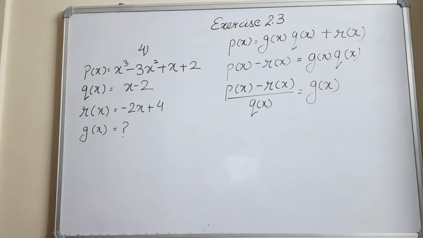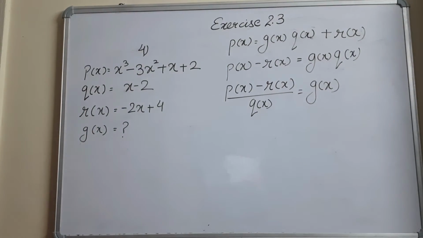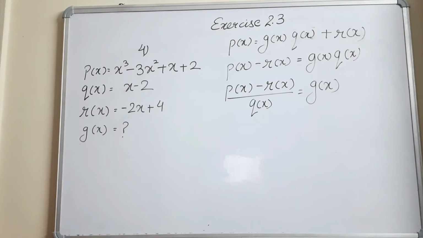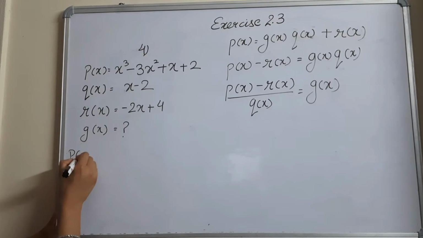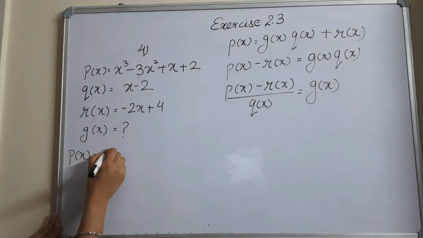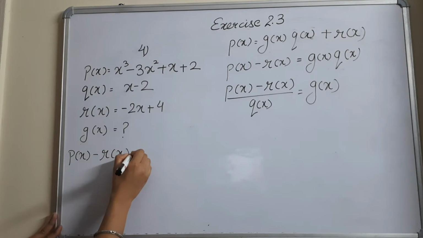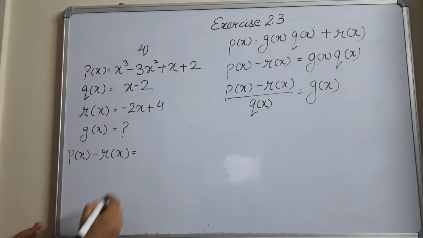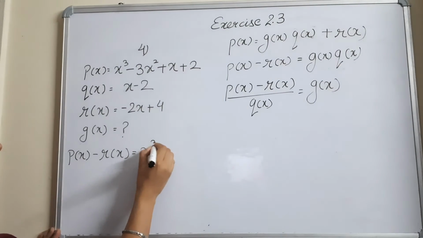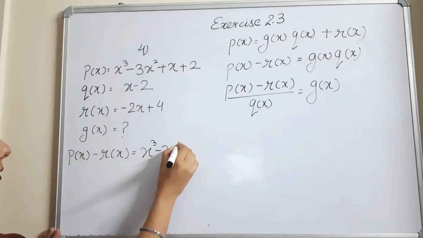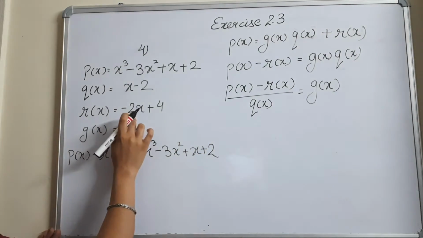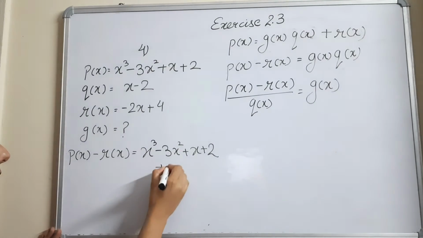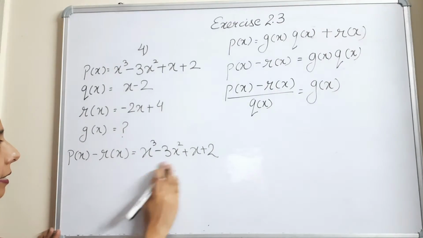So first of all, we will be calculating px minus rx. So let's calculate px minus rx. Fine. What is px? Write it down. It is x cube minus 3x square plus x plus 2. And what is rx? Rx is this. So for minus, you just change the signs.